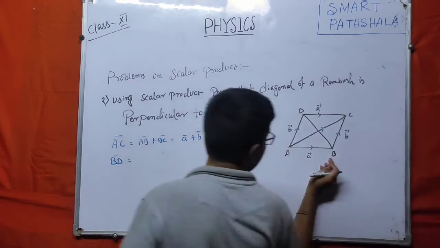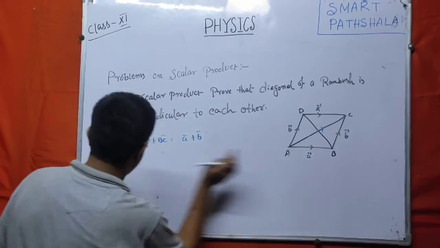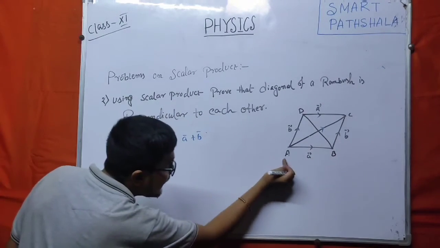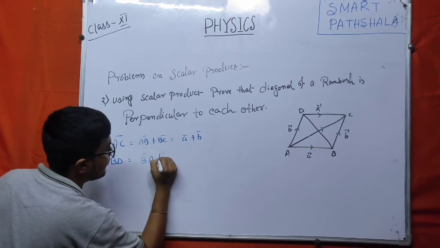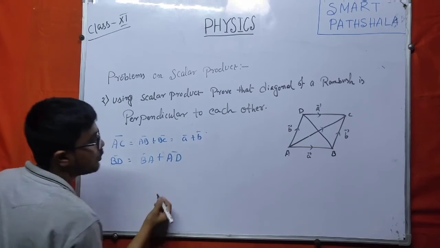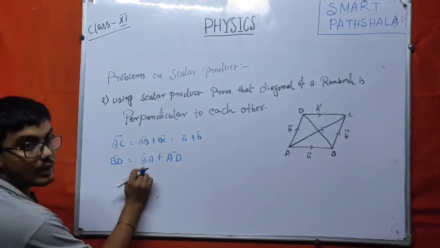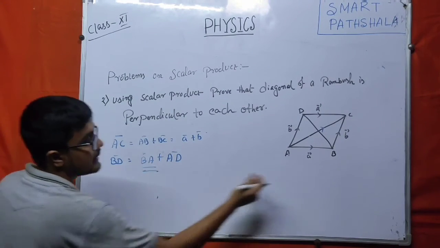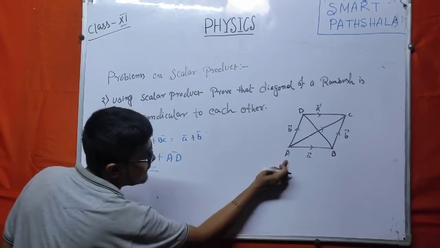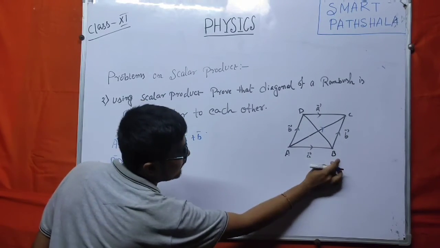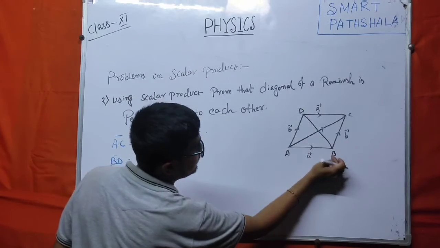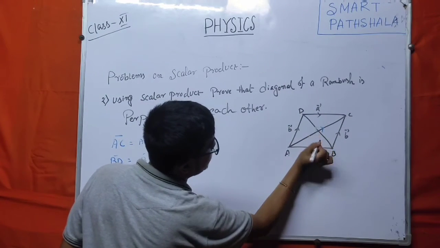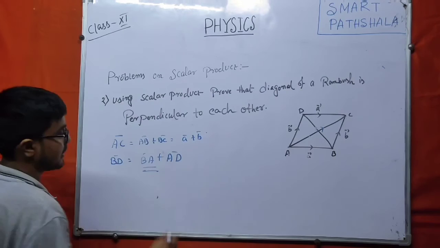That is, BD is equal to BA plus AD, not AB. Most important, this part is always this, then that. BA plus AD will give us the resultant BD.